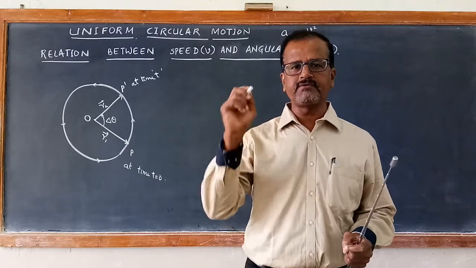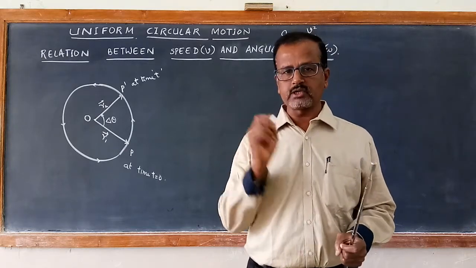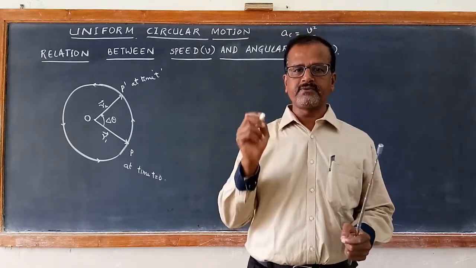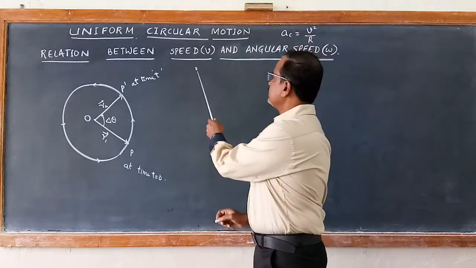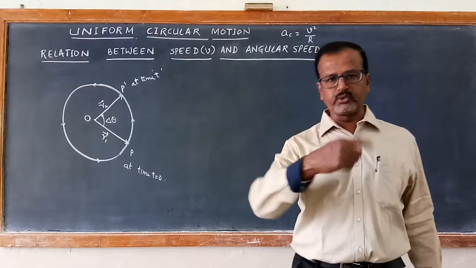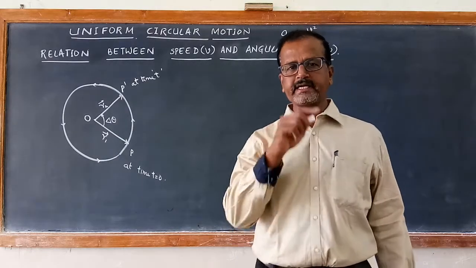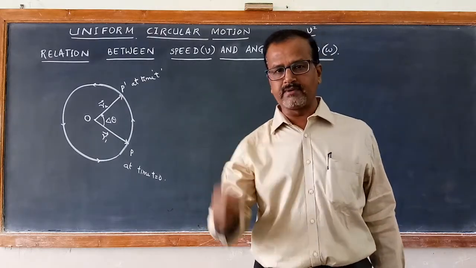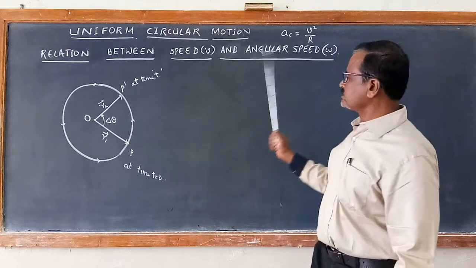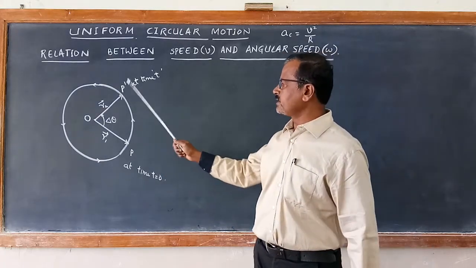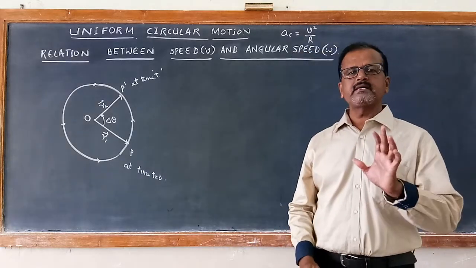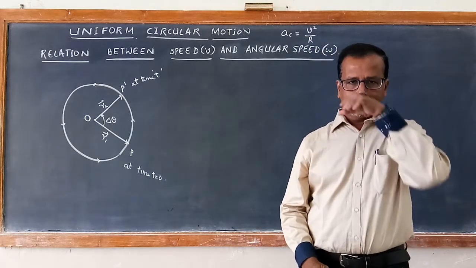Rate of change of displacement is called velocity. Rate of change of distance covered is called speed. In the same way, angular speed is with respect to angle covered, while linear speed is with respect to distance covered. So, angle covered per unit time is called angular speed.